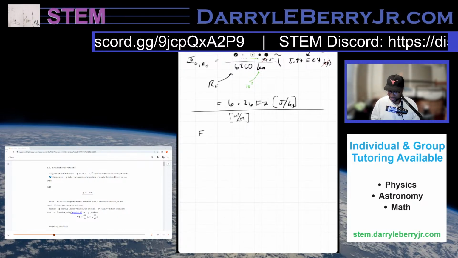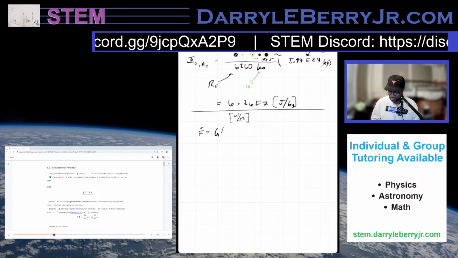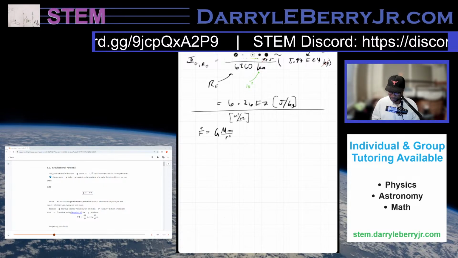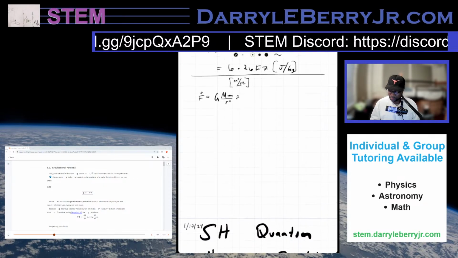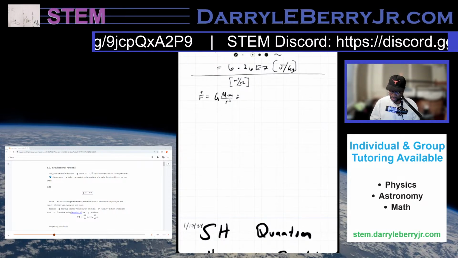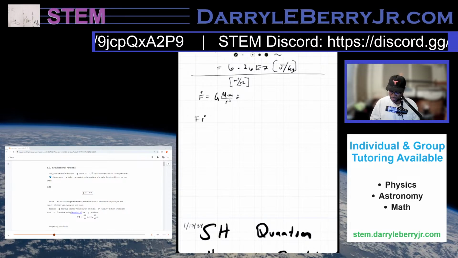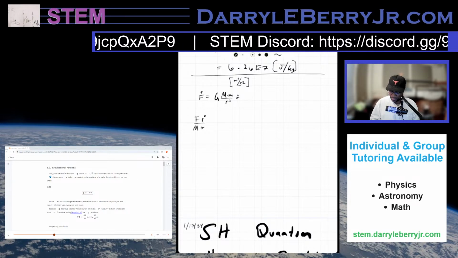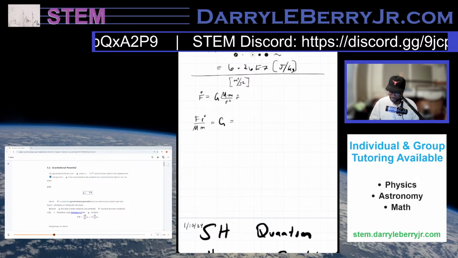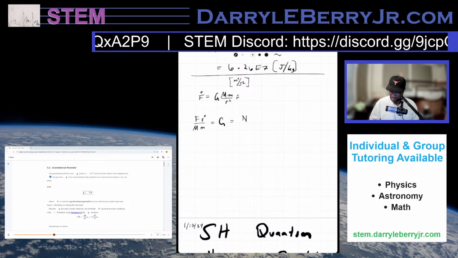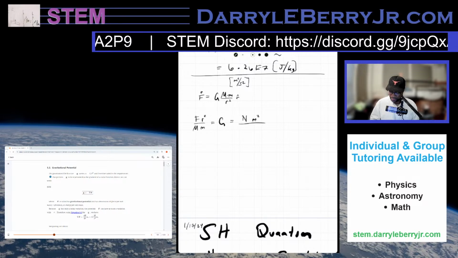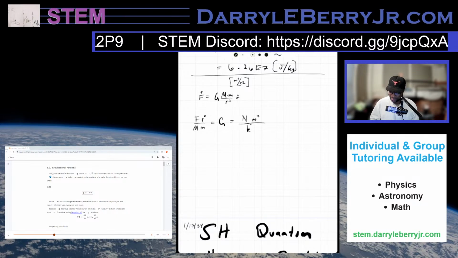So for instance, if we take F equals G M over R squared, and solve for G, we get F R squared over M equals G. The force is in newtons, the radius is in meters squared, and the mass is in kilograms squared.